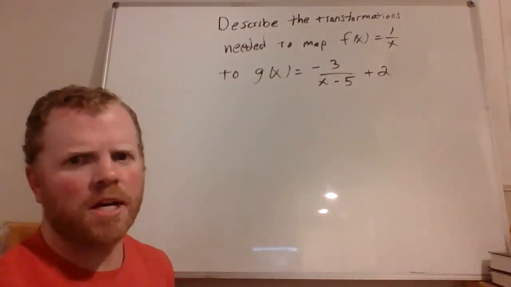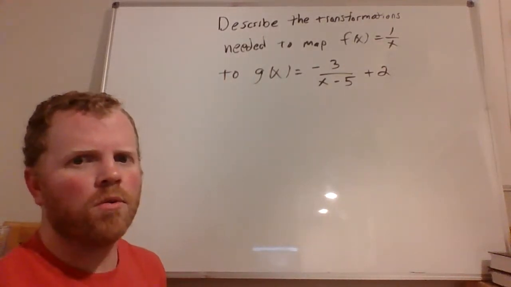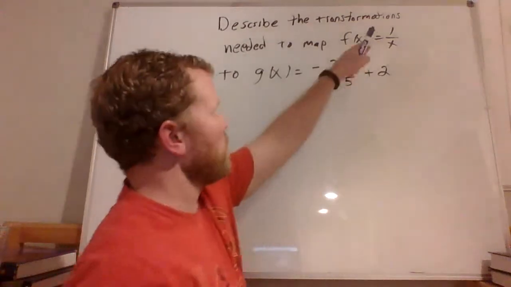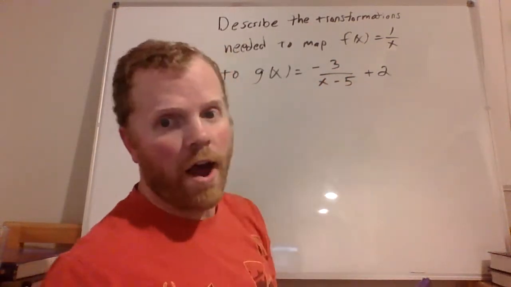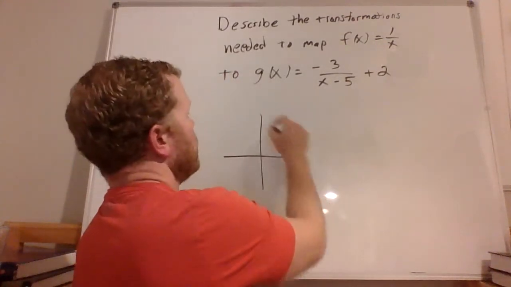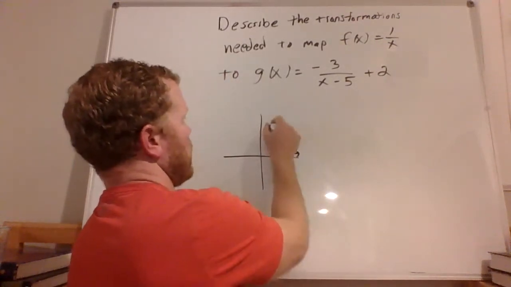So basically the big thing is how do we turn f of x into this function, g of x? They're graphs. So f of x, you hopefully remember, looks like this.